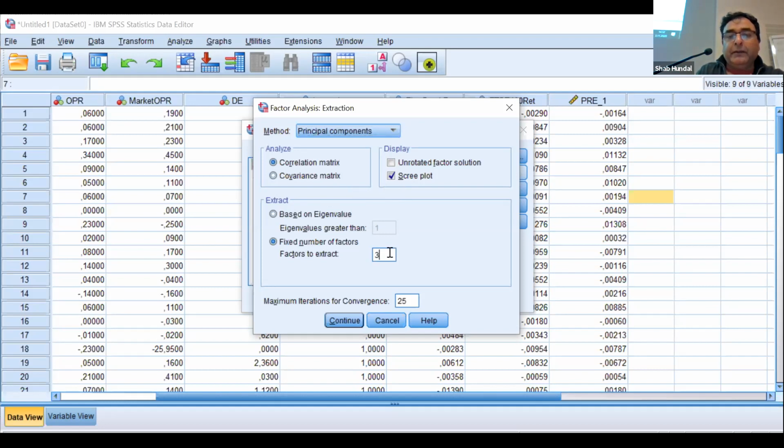And a very important thing, I wrote 3 here. Do you know why I wrote 3 here? There are three categories, three factors. Which are those? Accounting performance, stock market performance, and the organizational construct. In accounting performance, you have revenue, the firm operating profit, and the market operating profit.